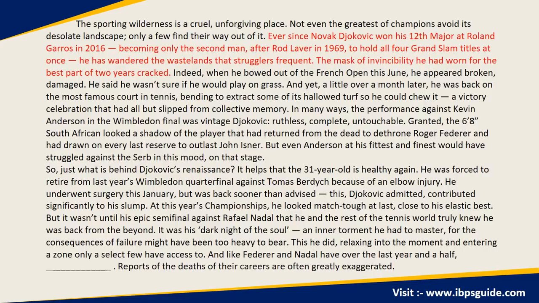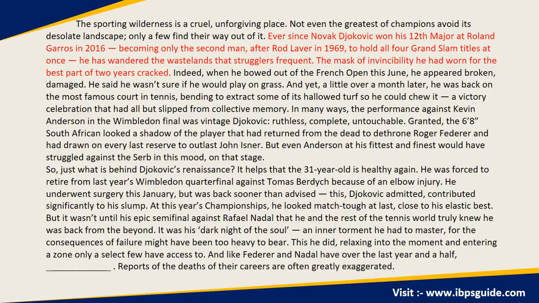Now this word invincibility was a keyword. We saw it in one of the questions. Okay, so they're saying the mask of invincibility he had worn cracked after 2 years. In the previous sentences so far, we've seen that he was very successful for one period and then suddenly he started struggling a lot. So based on the context, we can understand that invincibility has something to do with being extremely successful.